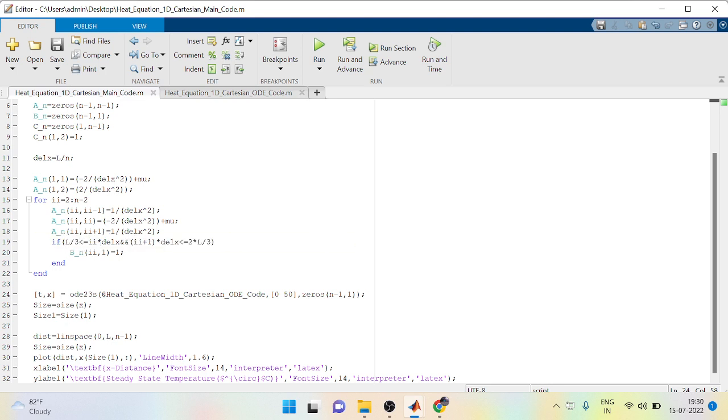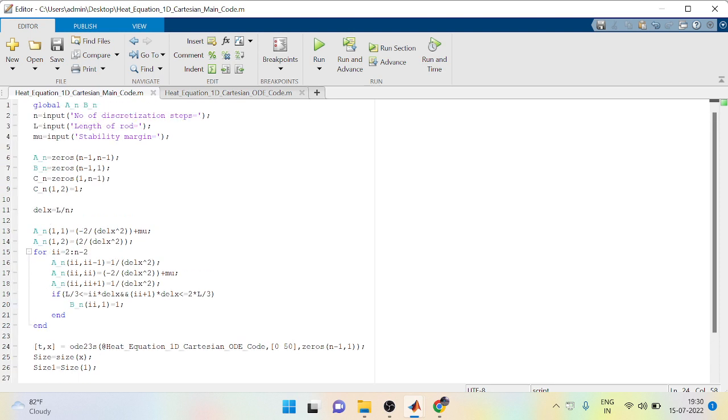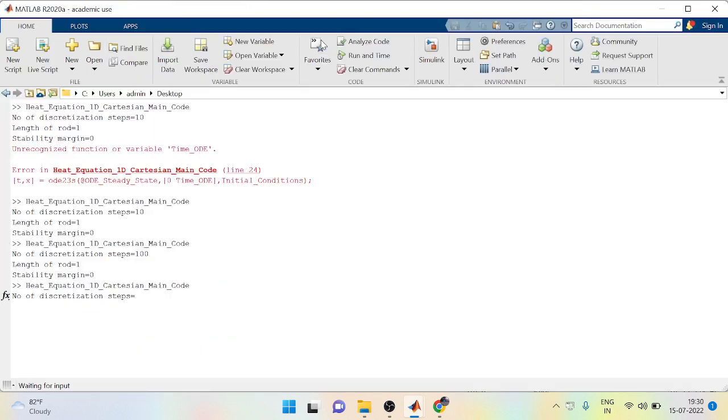If L by 3 is less than or equal to L by 10 to 2L by 10, I'm just keeping the... So this is where the heating source acts. This is to go for 200. Length of rod is 1.